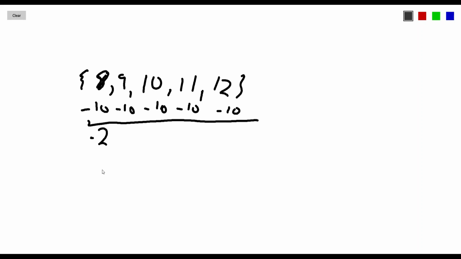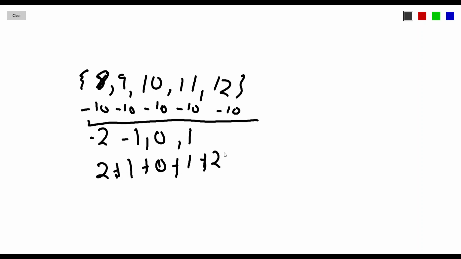So I have -2, that gives us 2. -1 gives us 1, 0, 0, 1, 1, 2. Add those together. Gives us 6. And we're going to divide by 5. 1.2 is our MAD.